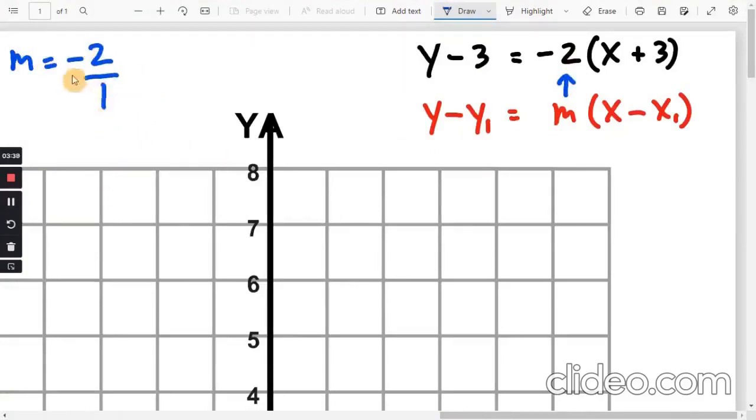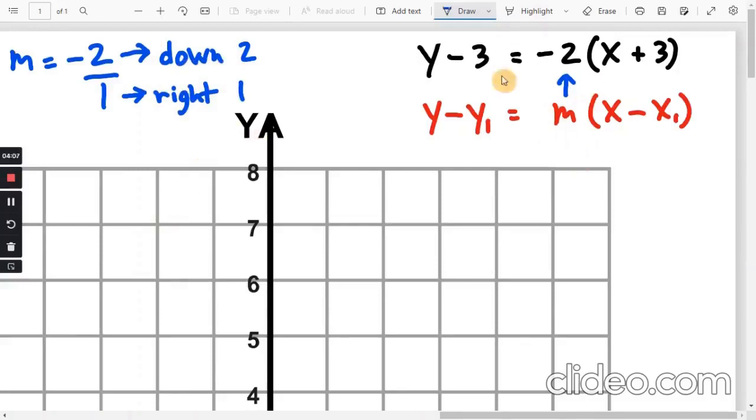That's the same thing. And this translates to down 2 and right 1. So you can do down 2, right 1, or you can do the opposite, up 2 and left 1. It's the same thing.